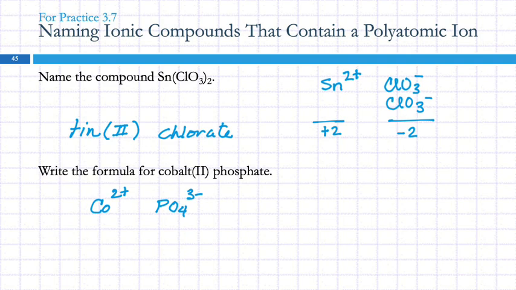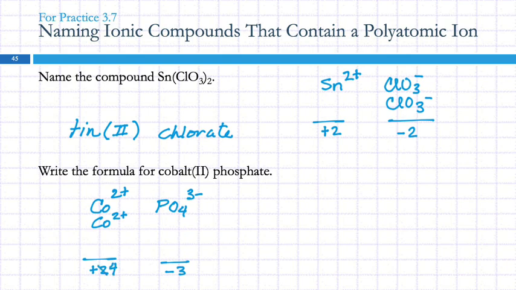Okay, so then we need to figure out how to put these together to get a neutral compound. So let's just stay with this pattern and let's see what we've got. Well, I've got +2 and -3. So that means I need more positive charges. The only thing I can do is add another one of those. That's a +2 charge. So now I have +4.